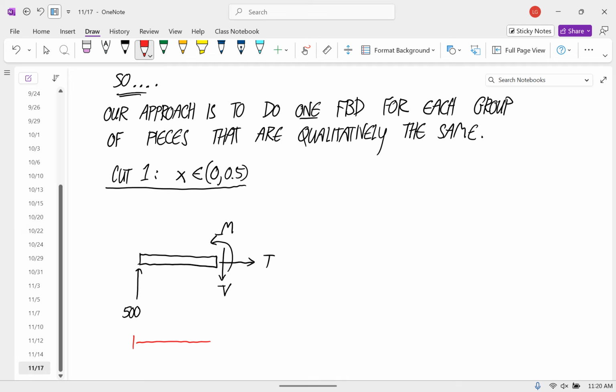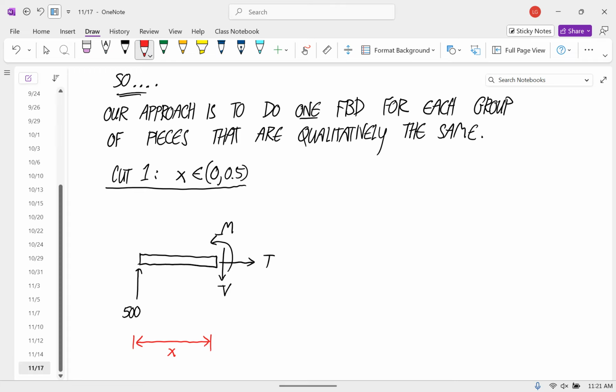So the length of this thing now, it isn't like when we did the one specific example last time, where the length of the beam was 0.25, but this has to represent a whole bunch of lengths. So we're just going to call this x, and we're going to get our answers in terms of that x. And for the free body diagram, you draw whatever length, just somewhere in the middle.